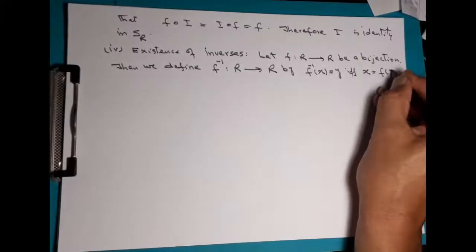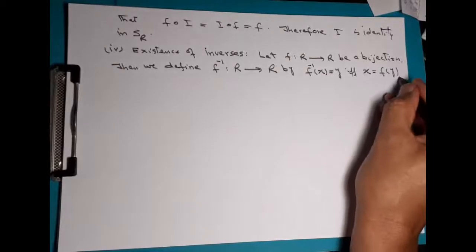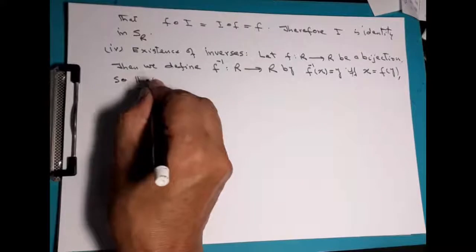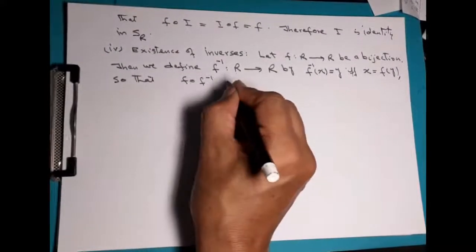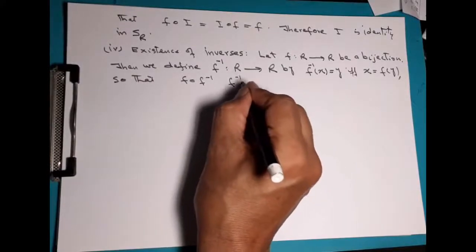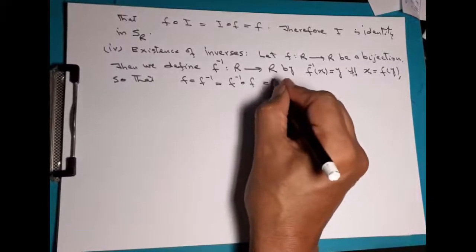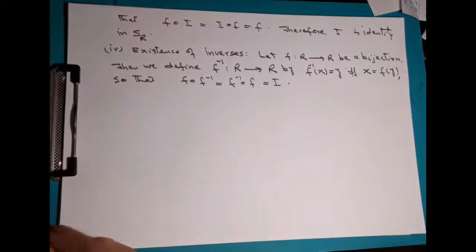You can see that this is exactly the inverse of the bijection, so that if we compose f with f inverse, or f inverse with f, we get the identity function. You are very familiar with this function, f inverse, if f is a bijection, and you can easily check that it is in fact the inverse of f.